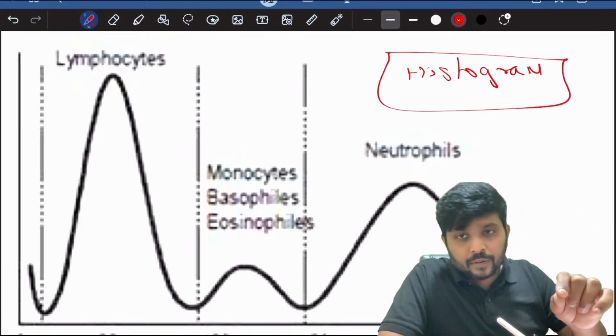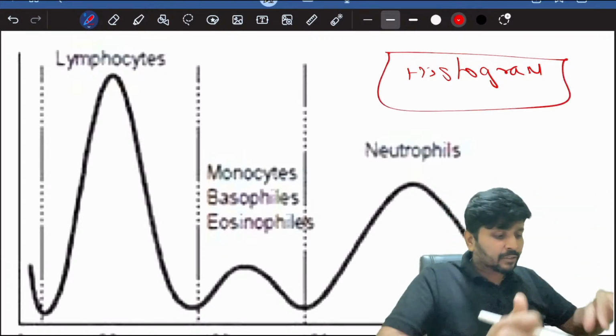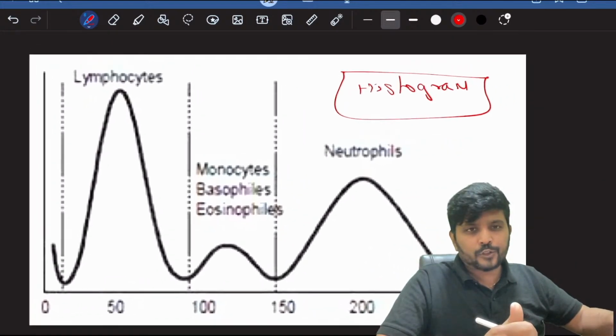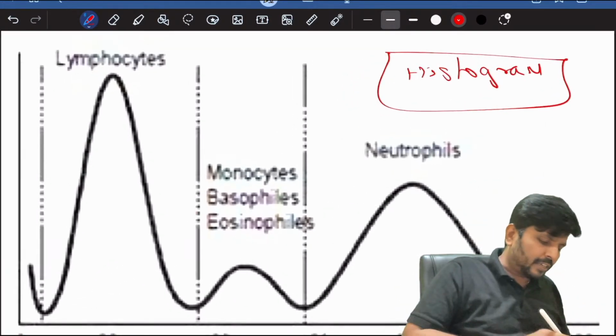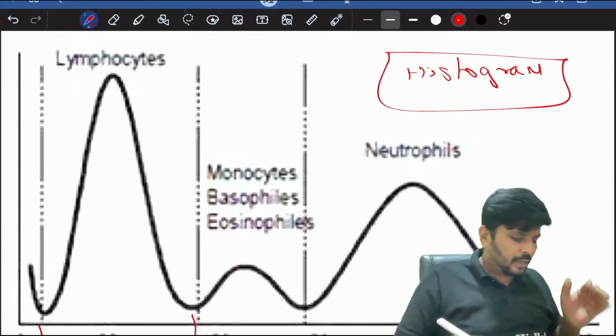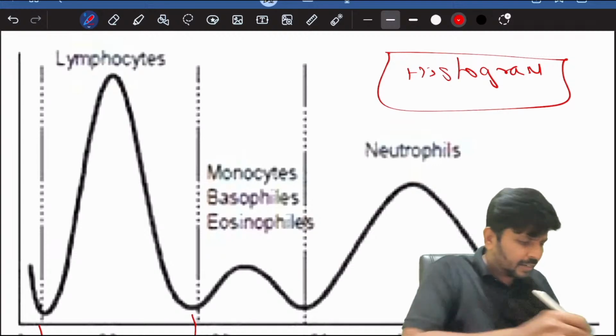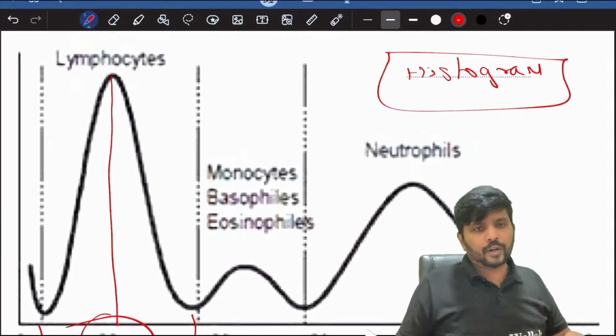Your Coulter counter will give you the numbers in percentages, as well as this type of histogram. What do you mean by this histogram? Look at this, 0 to 100 femtoliters. What is the center point? The median is 50 femtoliters.